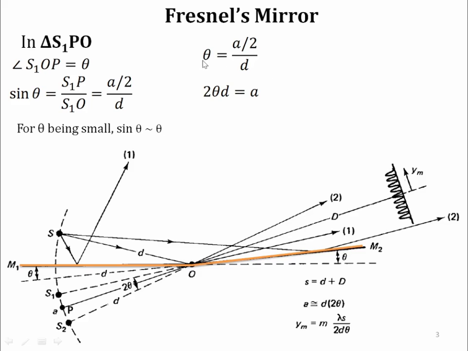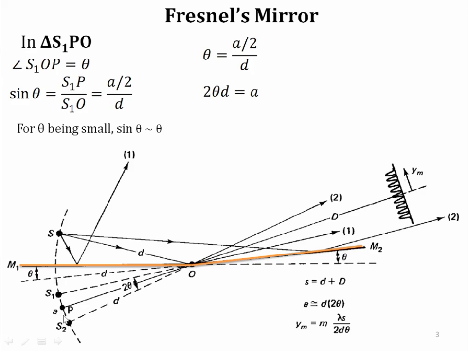So theta will be nothing but A by 2 divided by D, and from here we can prove that A, the separation between these two sources causing interference, will be 2 theta into D. What is D? Distance of this real source from the edge where the two mirrors are joined to each other. Fine. Now our task is very simplified.